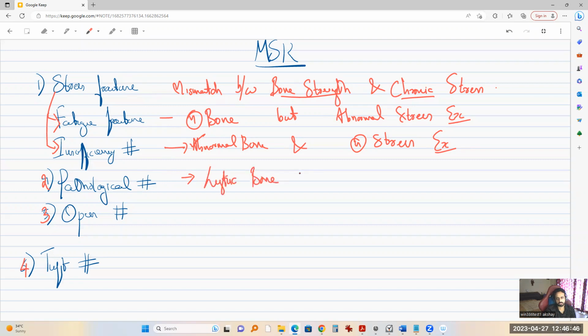These fractures involve a lytic bone lesion in the bone. Which are the most common lytic bone lesions? One is aneurysmal bone cyst, simple bone cyst, and even METs. These are the most commonly seen lytic bone lesions that end up with pathological fracture.